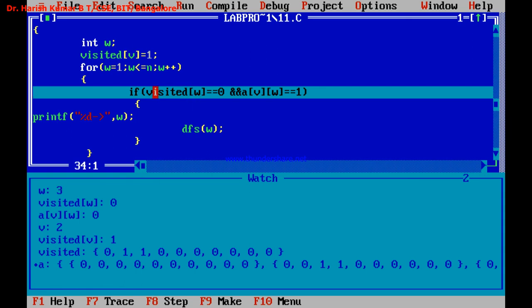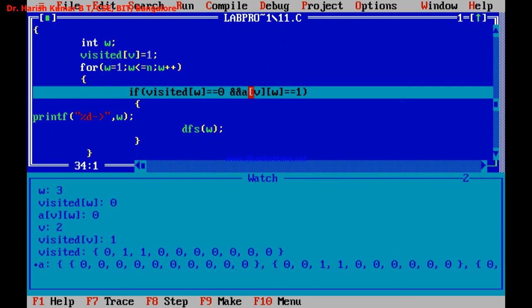So visited of 3, what we are checking, it is equal to 0. Yes, true. And what we are checking is whether there exists a path from V, which is 2, to 3, because the node which we have visited most recently is 2.